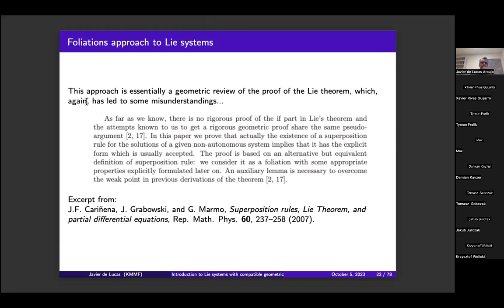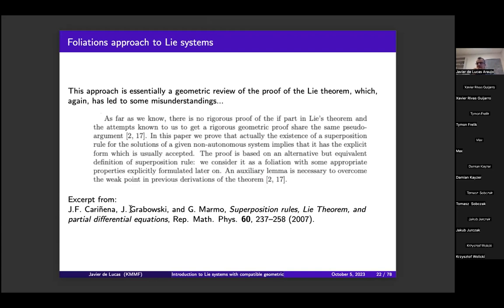Now, the thing is, as I told you at the beginning, Lie had wonderful ideas, wonderful techniques, but his work was written toward the end of the 19th century, so it is not too precise. Lie by himself, even for the standards of that time, wasn't the best at explaining himself, and his work led to several misunderstandings.